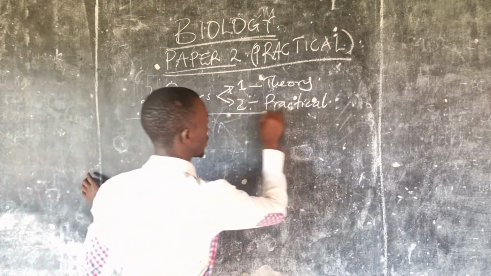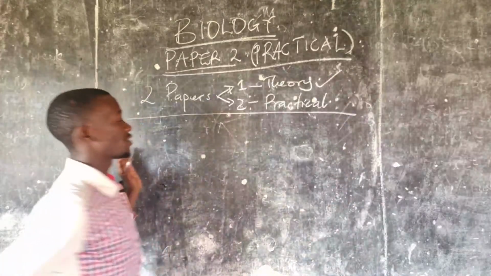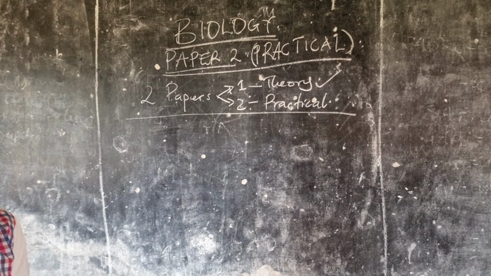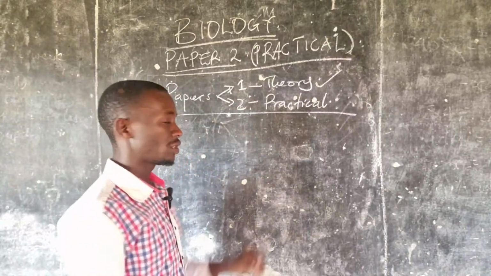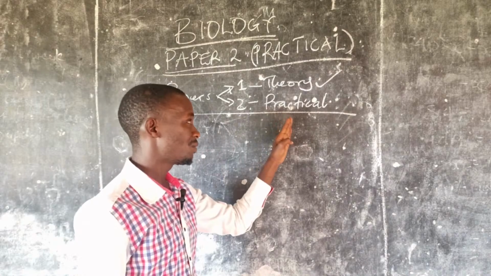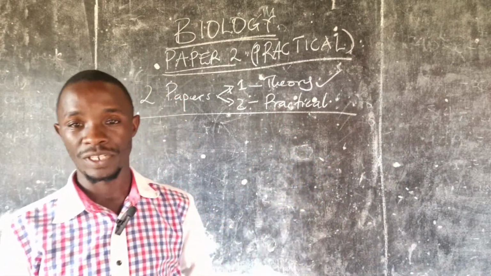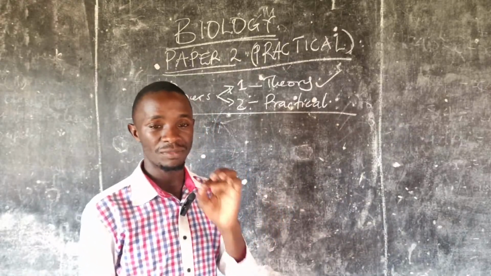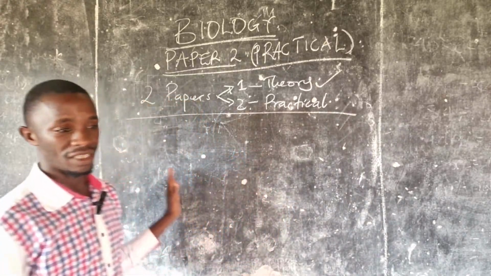We've been talking about the theory paper, and we covered a number of topics on theory, and we shall cover more. By the time you go back to your respective schools, I want us to go through these practicals and soften it to a level that every one of us can at least attempt something out of the practicals.